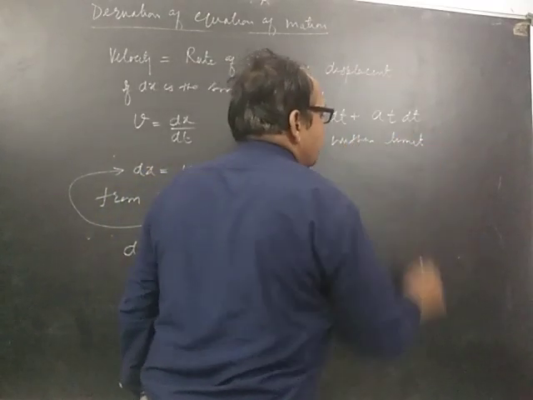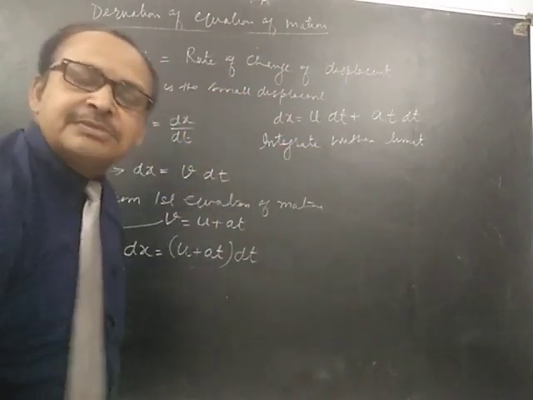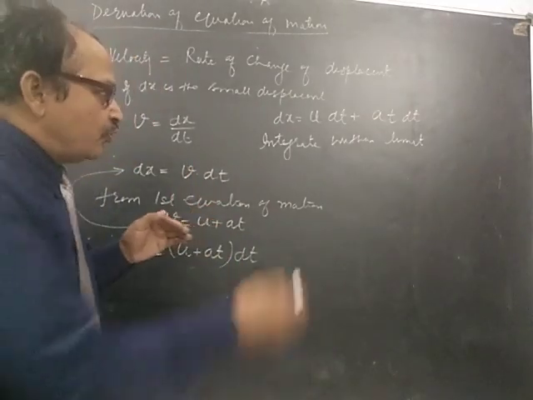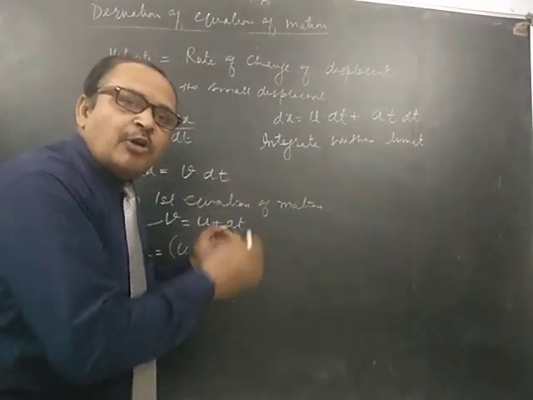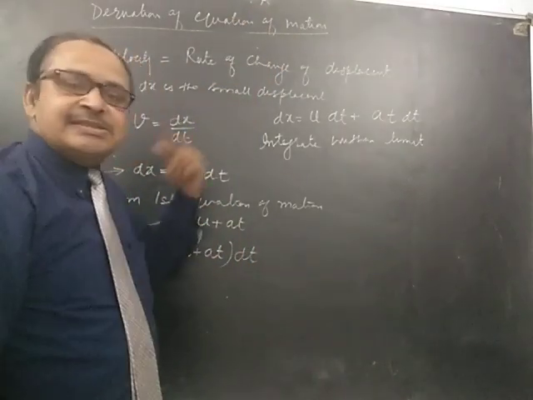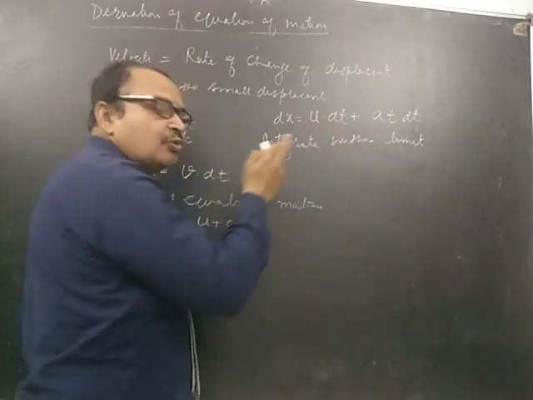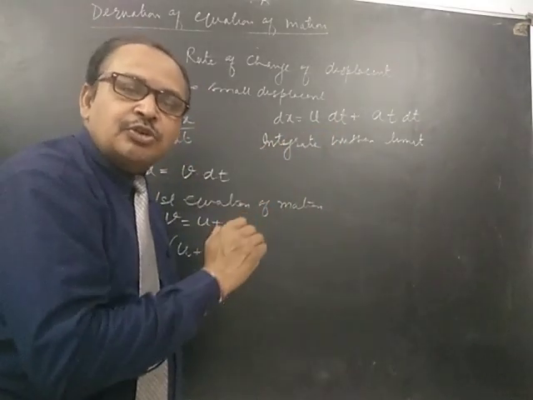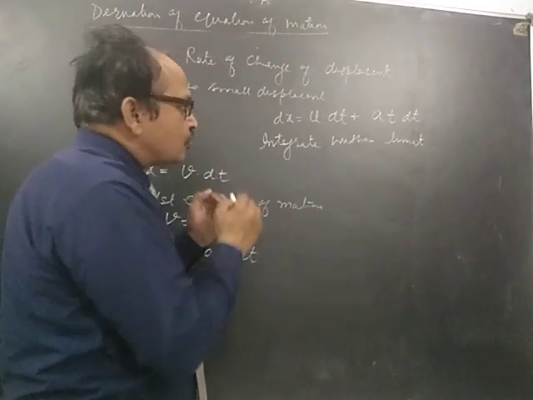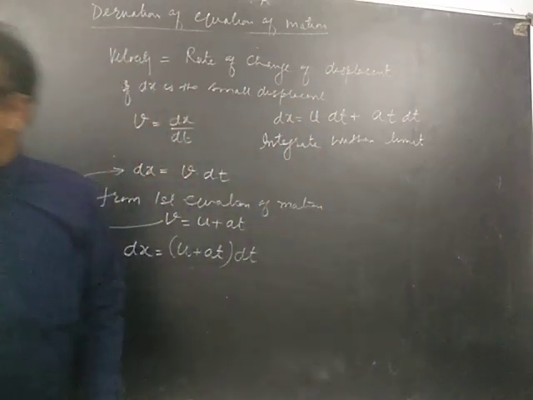For example, this is displacement, that means distance, so we will be using the limits from 0 to s. And this is time, so we will use 0 to t. We are starting from the beginning.